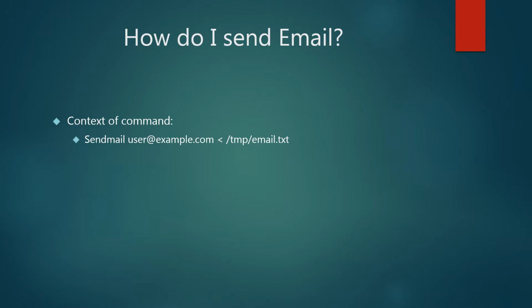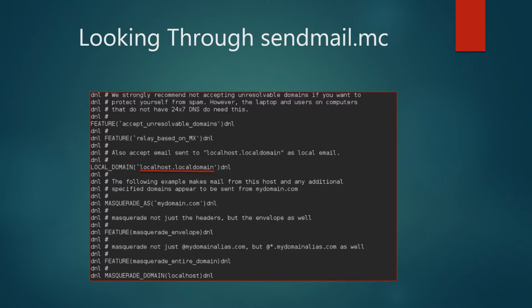So I went searching for where my domain name might be defined, and that brings me to the sendmail.mc file, and what I underlined here was what I needed to find. Then it just clicked in my head that those are the default settings, and I could just use those default settings to send an email instead of changing it.